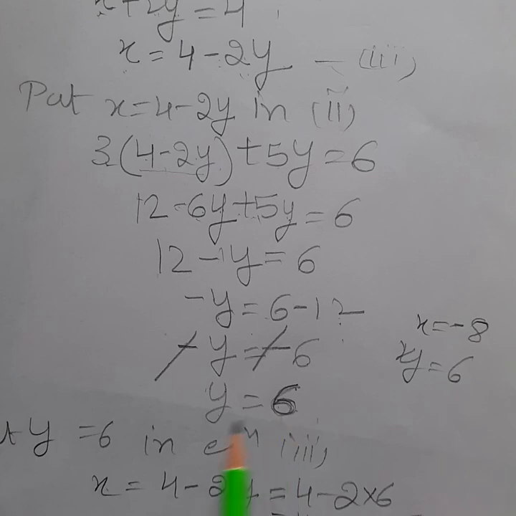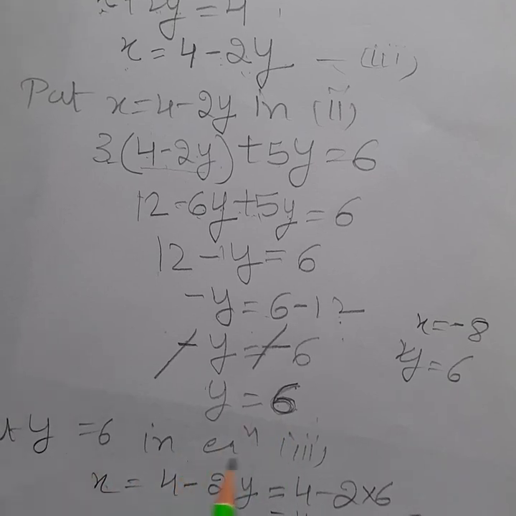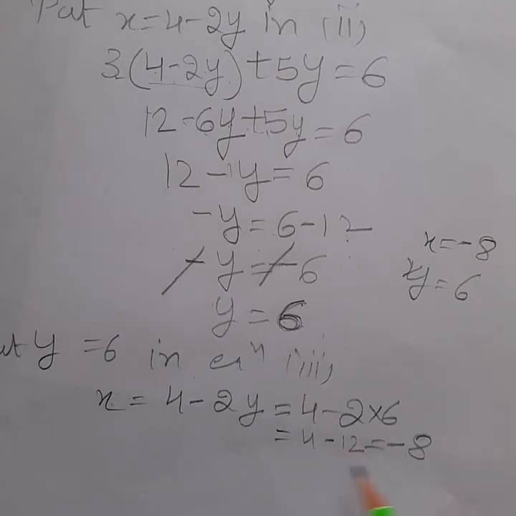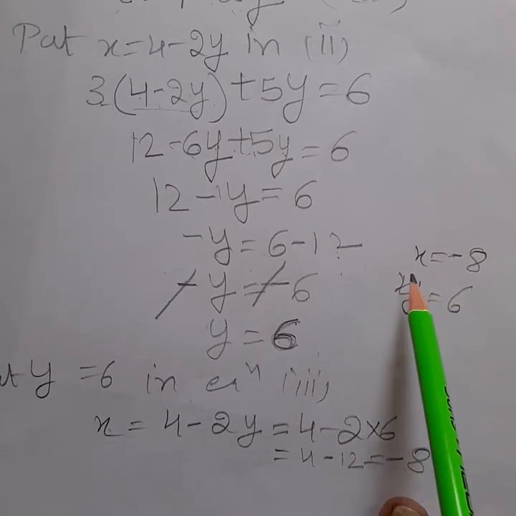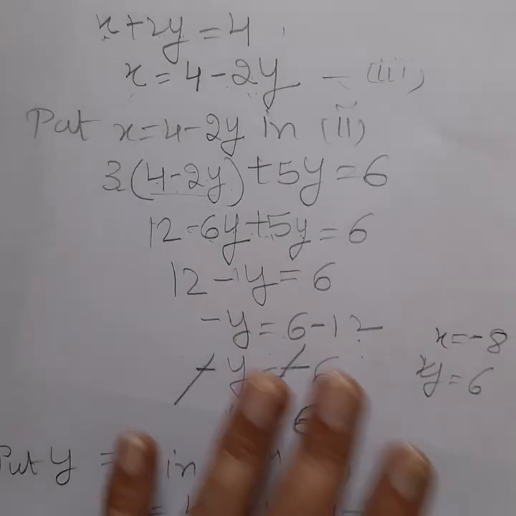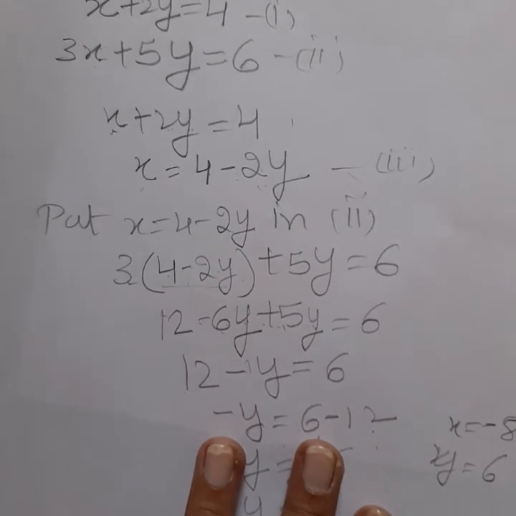Now you put the value of y in your third equation and find the value of x. So this is the value of x and y, and you can verify it in the same way as we have done previously.